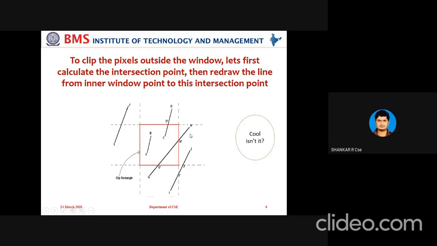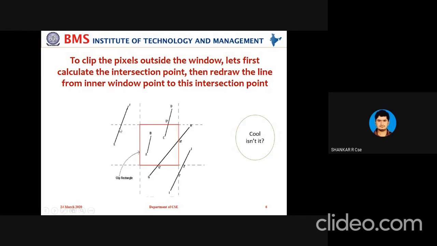So this is what is called the Cohen Sutherland algorithm, and the main question now is how to exactly calculate these intersection points, D dash, G dash, and H dash. If you ask me, what about E and F? Well, E is lying outside and F is also lying outside the clipping rectangle, so there is no need to draw EF.